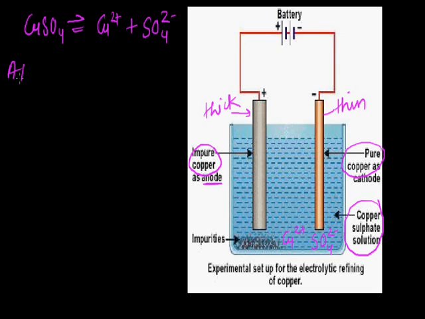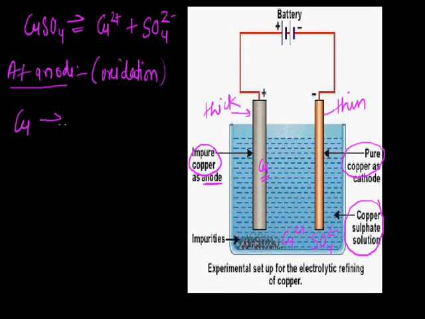At the anode, oxidation takes place. The copper atoms present in this rod lose 2 electrons and are converted into Cu2+ ions. As we know, ions will not stay on the rod, they will come into the solution.